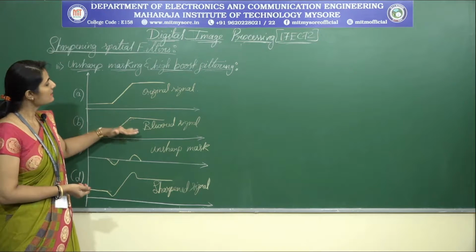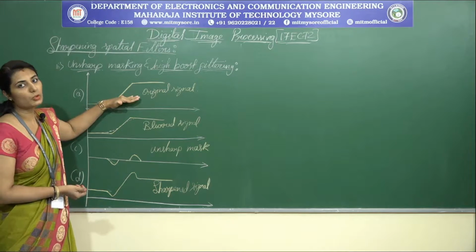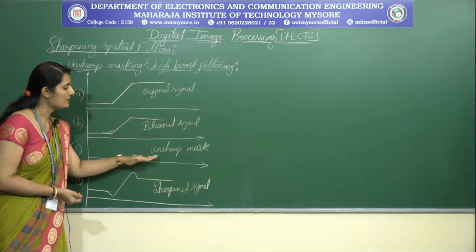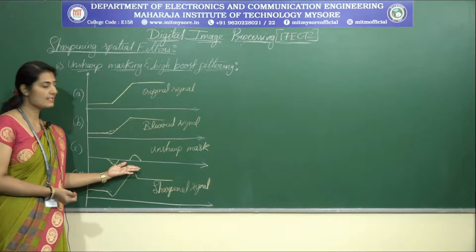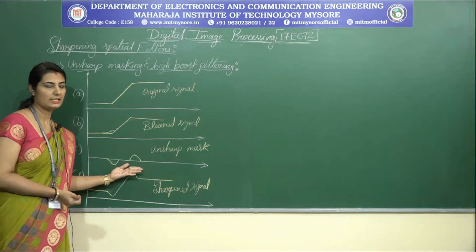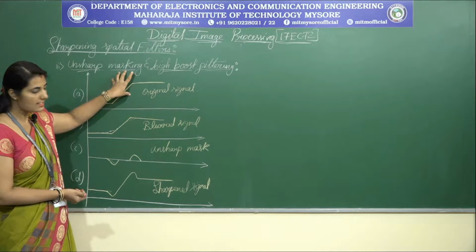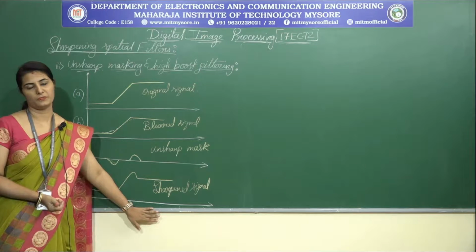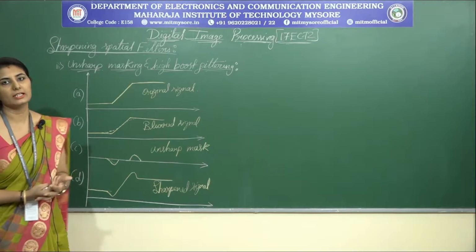Then this blurred image is subtracted from the original image, and the resultant is the unsharp mask. That is what you are seeing in figure C. This unsharp mask is again added to the original signal in order to obtain the sharpened image. So this is how we produce a sharpened image in this process.